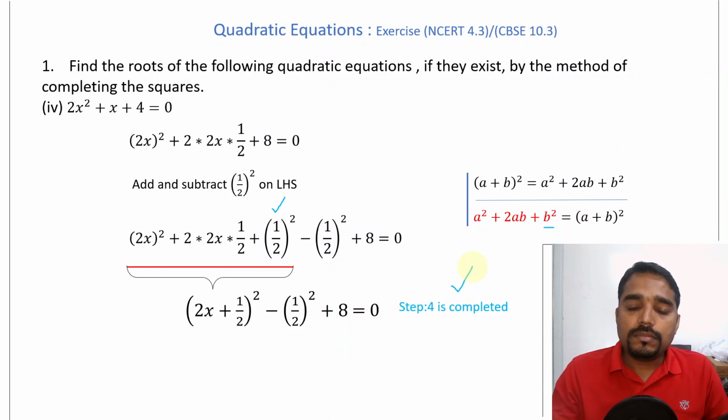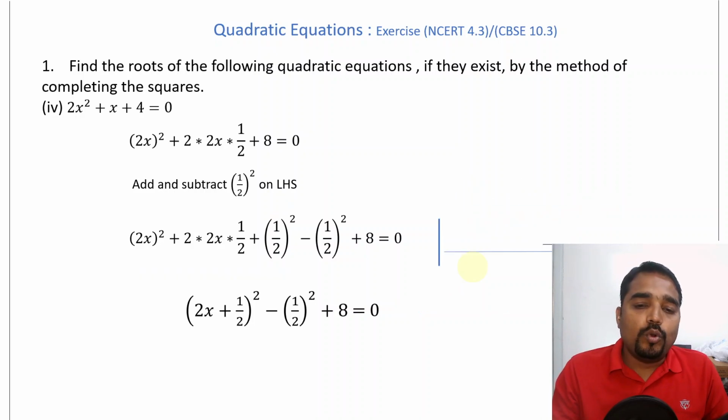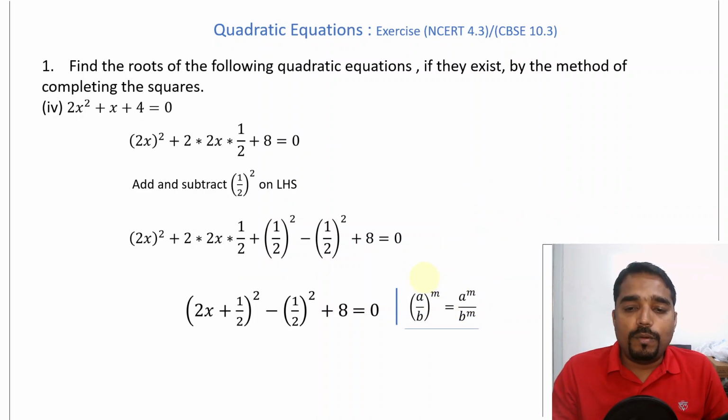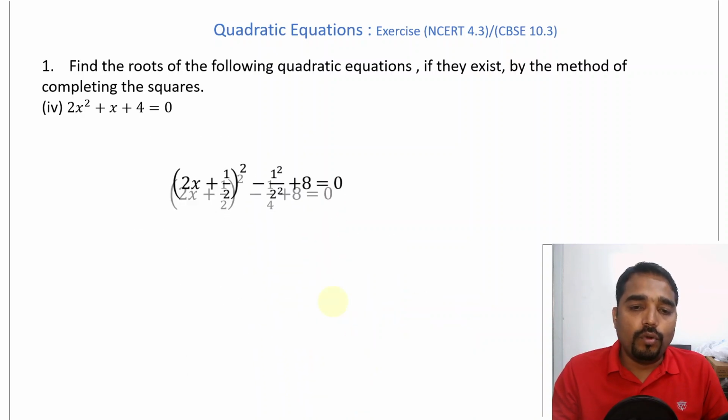Now, in order to find the value of x, let's simplify the remaining terms to find the value of x. Therefore, 1 by 2 whole square looks like a by b whole power m, that is a power m by b power m. 1 by 2 whole square would be replaced with 1 square by 2 square, that is power is distributed to both the terms within the bracket, that is 1 square by 2 square. Now 1 square is 1 and 2 square is 4.